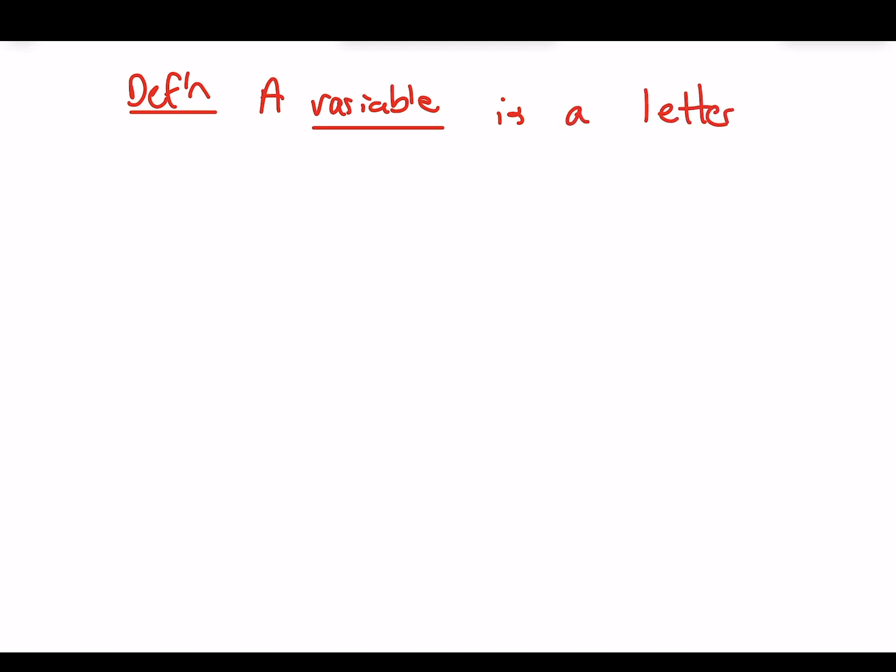Let's start with a definition. A variable is a letter that represents a variety of different numbers.